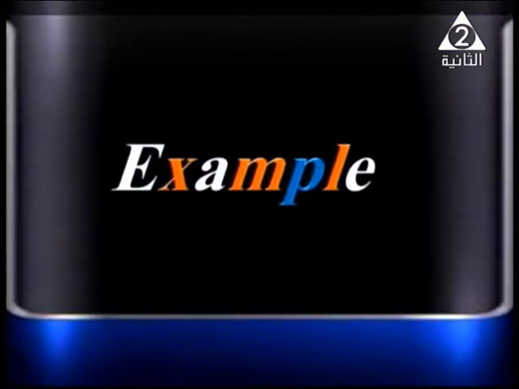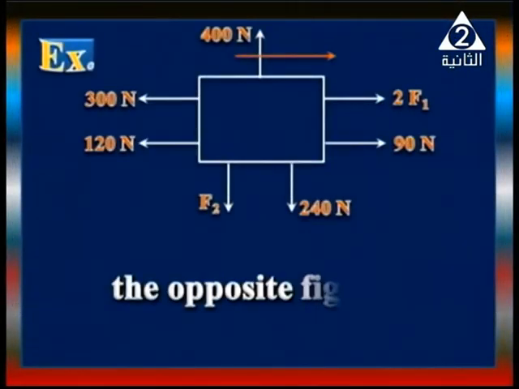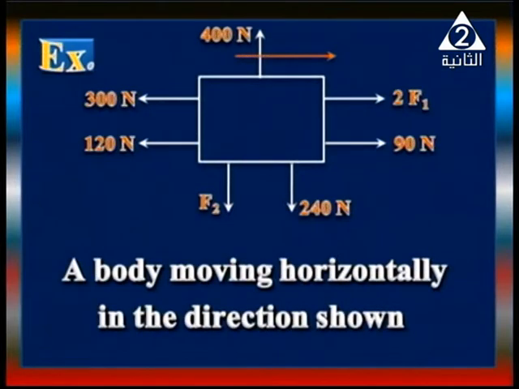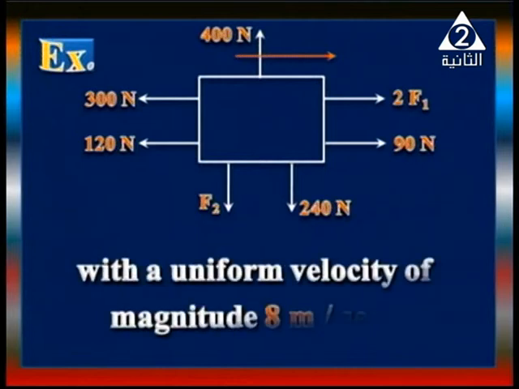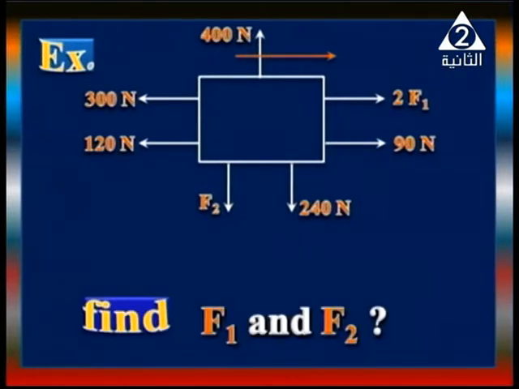Look at the opposite figure, my dear student. A body moves horizontally with uniform velocity of magnitude 8 meters per second. Find F1 and F2.